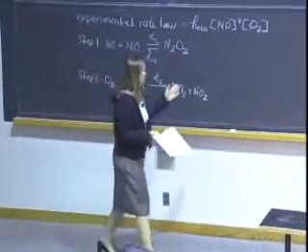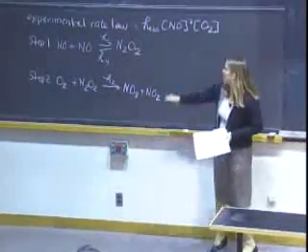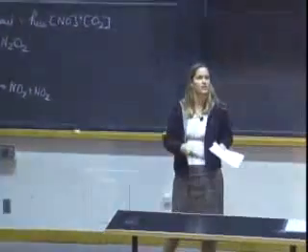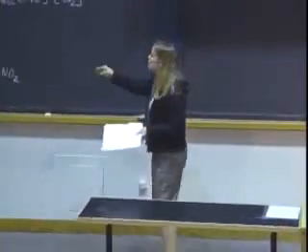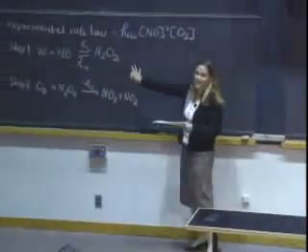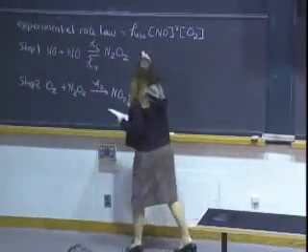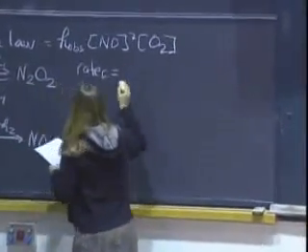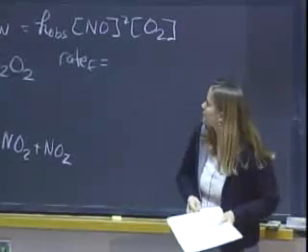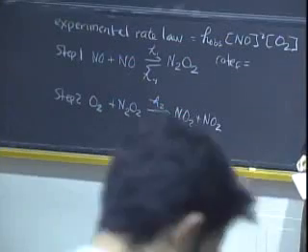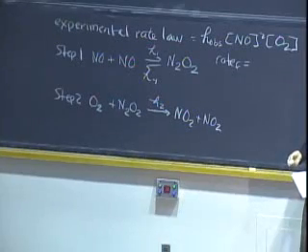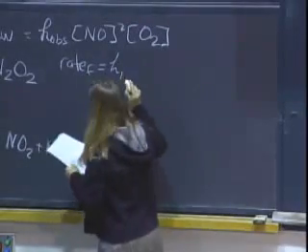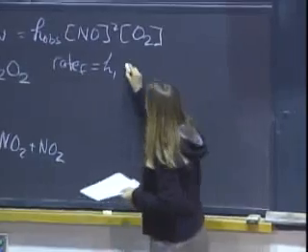So now we need to write rate laws for each step. Since each step is an elementary reaction, we can write the rate law using the stoichiometry of that step as written. So the rate law for the forward reaction would be what? What do I put first? K1. And then? NO squared.